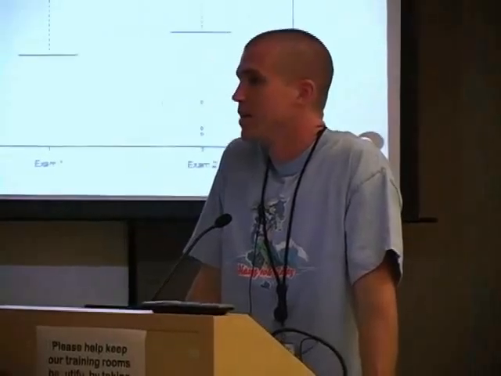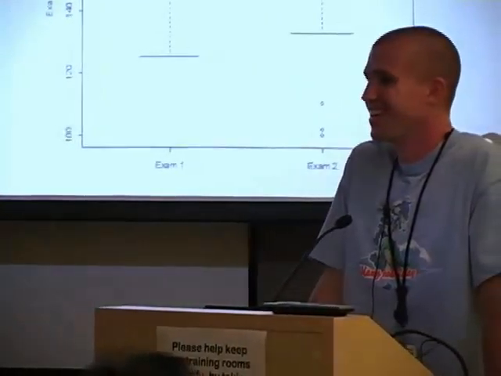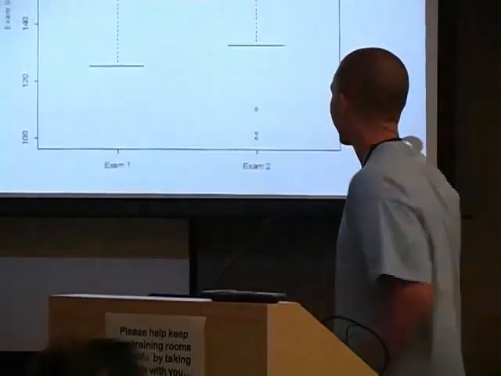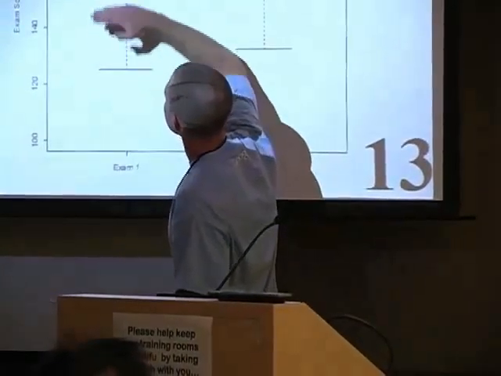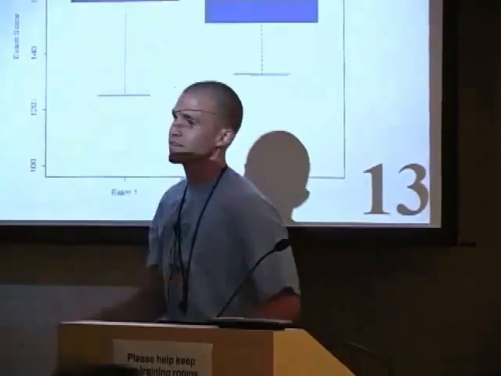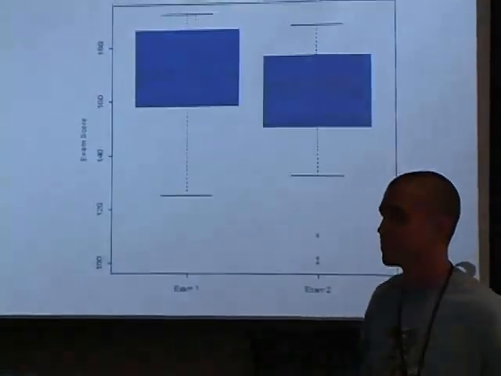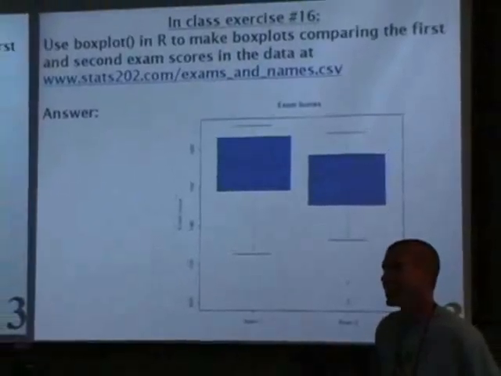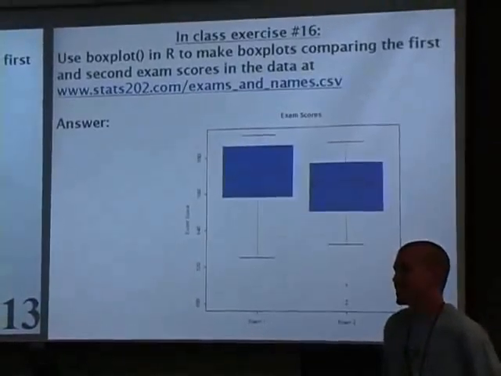Question over there. I didn't understand the box plot. What's the width? The width is nothing. It's a one-dimensional plot, and basically you're plotting 5 numbers: min, Q1, Q2, Q3, max. Width is meaningless. Yeah, anyway, it's superfluous.